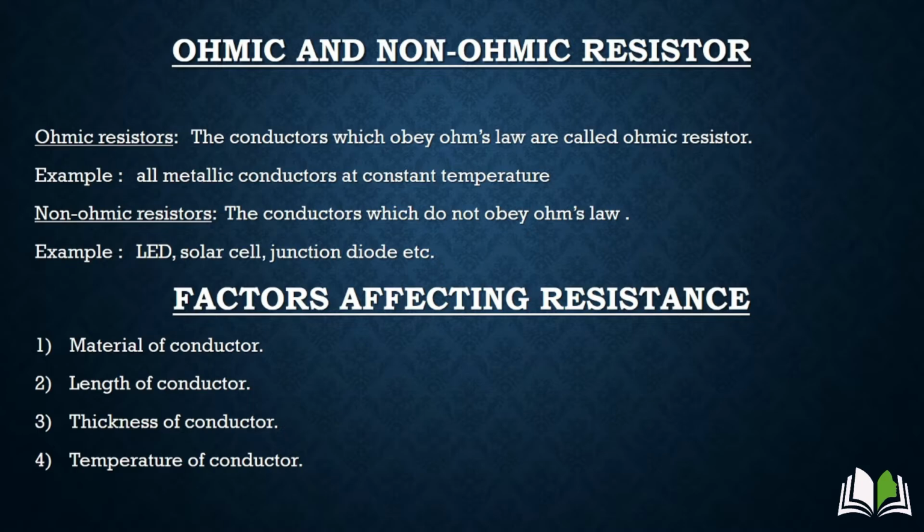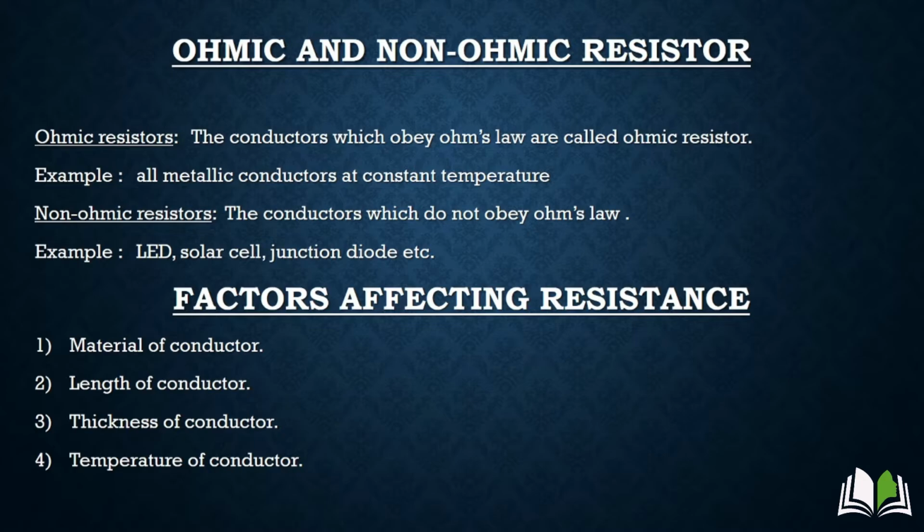The last point is the dependence on temperature. With the increase in temperature of a conductor, the random collisions of electrons also increase. This results in an increase of the resistance of the conductor. For example, the resistance of the filament of a bulb is more when it is glowing as compared to when it is not glowing.